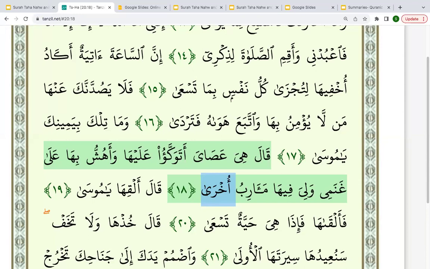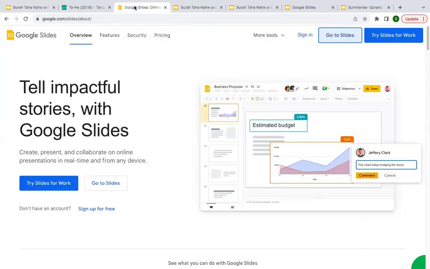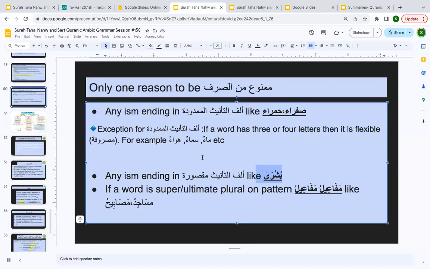It is feminine, yes or no? So it is feminine. So this alif is called alifut ta'anis, alifut ta'anisul maksura. You can see here the name. The name here is alifut ta'anis, that is maksura. This alif maksura is alifut ta'anis.